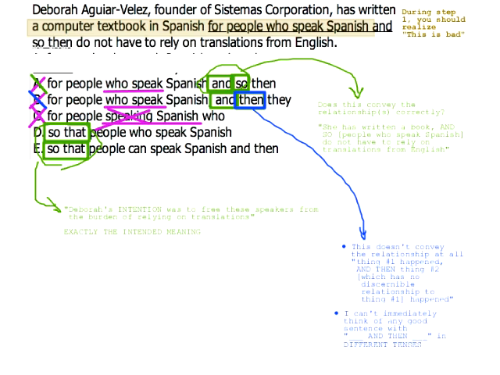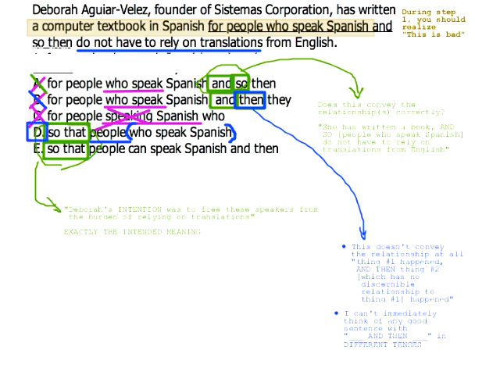Okay, between D dog and E elephant, notice there's a message. The message is different. The message of D dog is so that these people, modifier, do not have to rely on translations. That's the point. She wrote these books so that they don't have to rely on translations. That is the intended meaning.